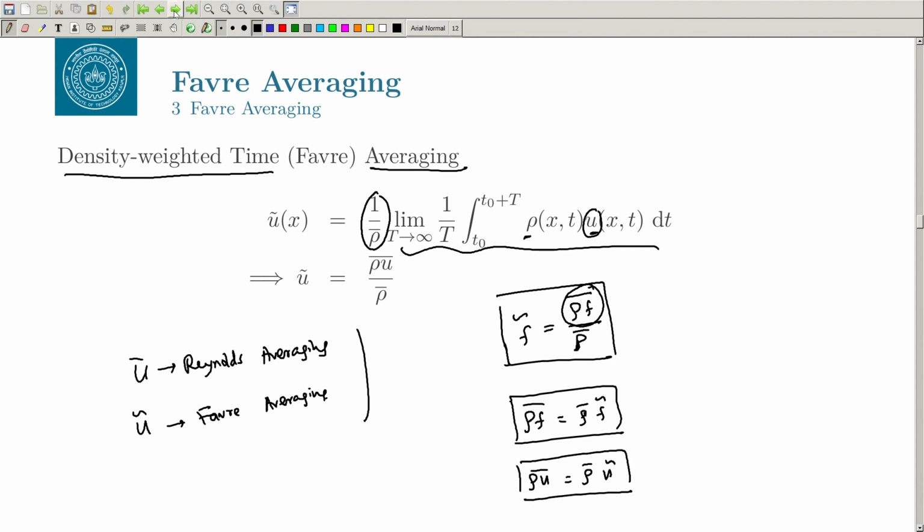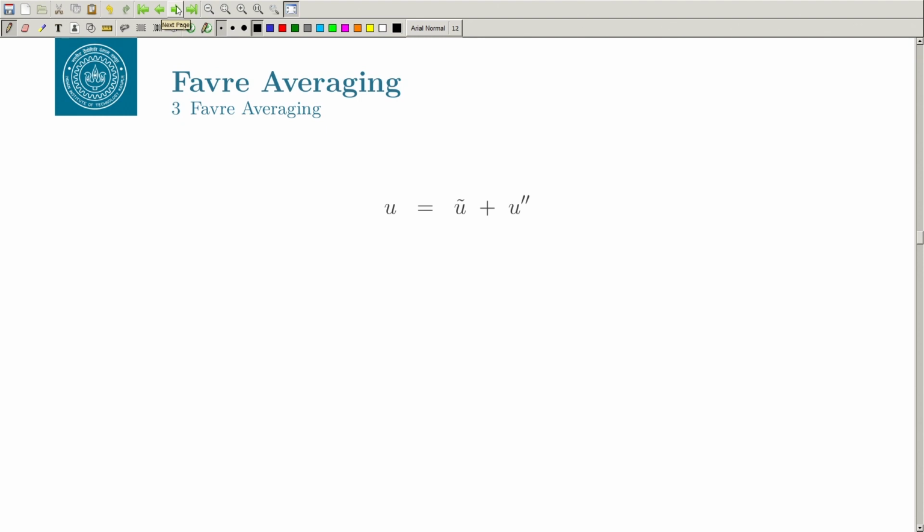Okay. Now, let us work out the same thing that we had earlier, which is basically we want to do this rho u v, right, and we are going to use u equal to u bar plus u double prime. Earlier we had u equal to u bar plus u prime. This was the Reynolds averaging, time averaging, and this is the fluctuation.